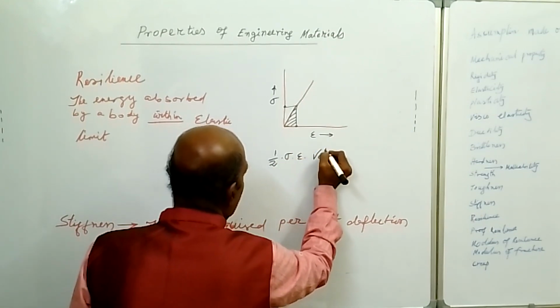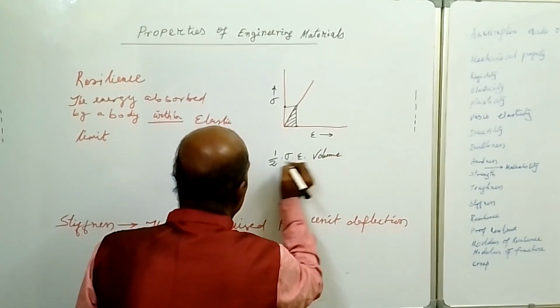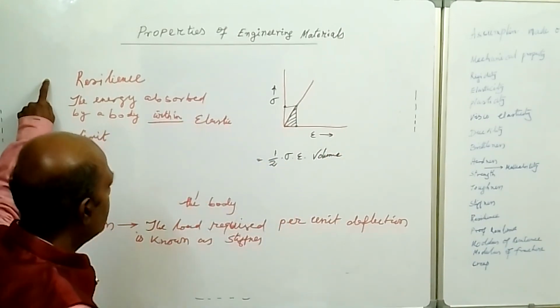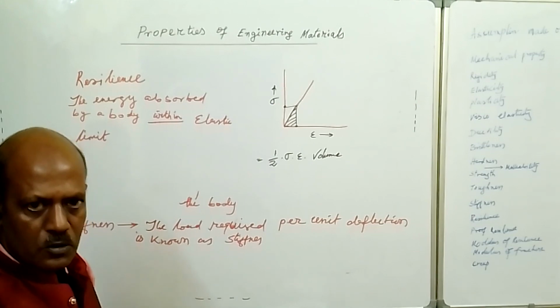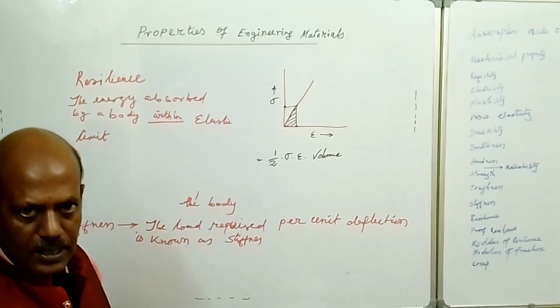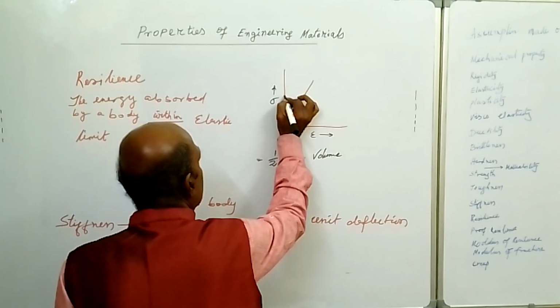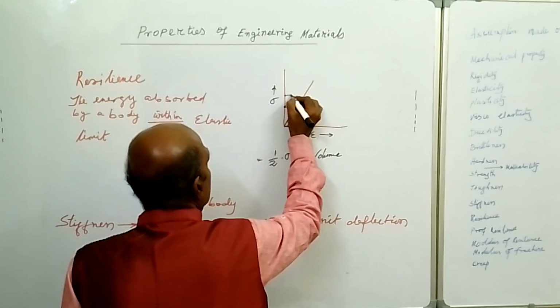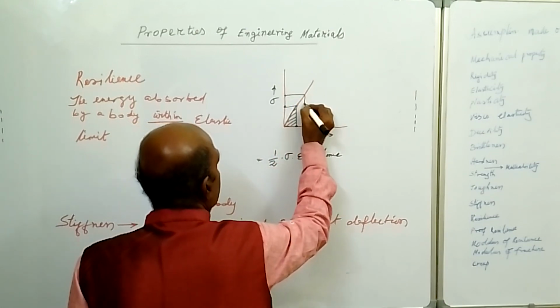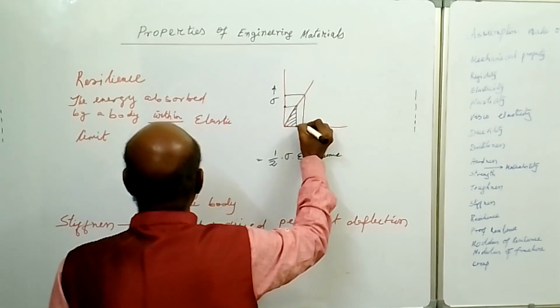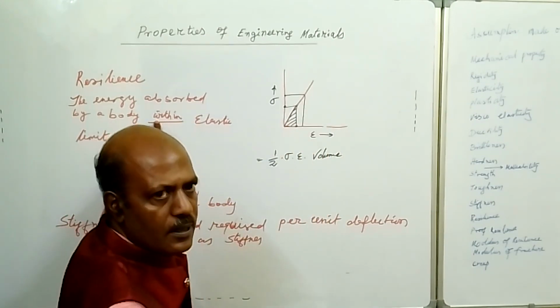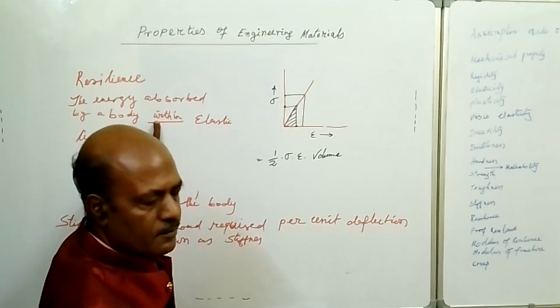If we multiply with volume, that will give you the resilience of the body. So it depends on the stress developed in the body. If the load is increased, the energy absorbed will also increase. That's why it is written as within elastic limit.